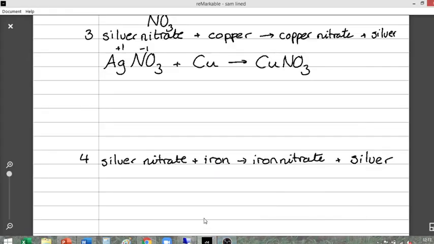Just checking that works. So, silver nitrate. Yes. So, silver nitrate we said was -1. So, -1 here for that entire block there. Copper we said before was +2. Now, copper again can be +1 or +2.